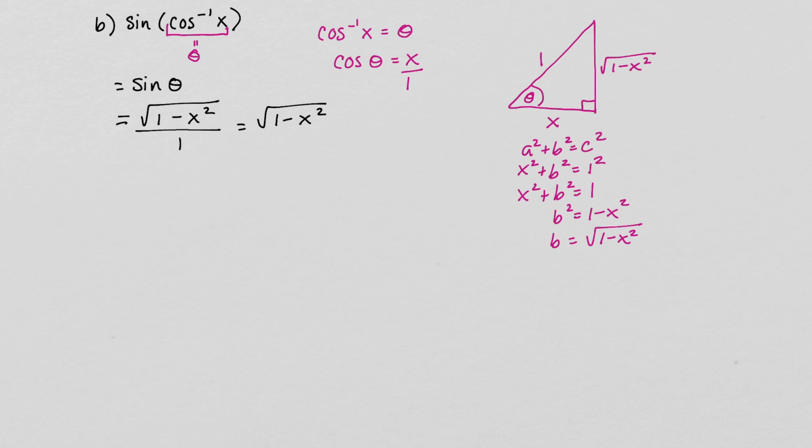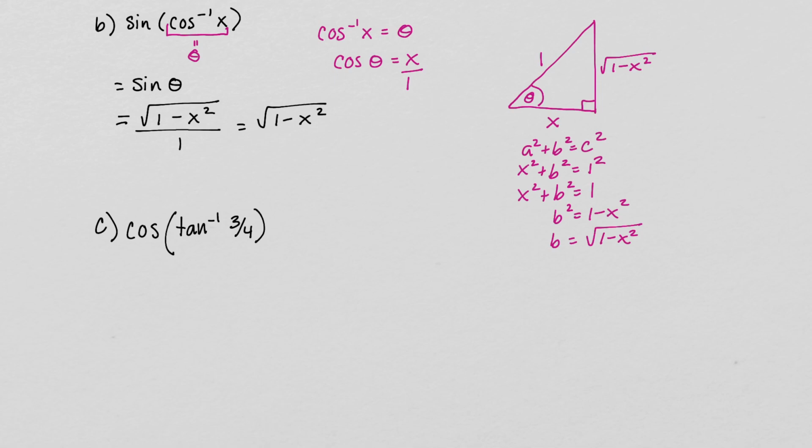So I have one other problem here. What about the cosine of the tangent inverse of 3/4? This one doesn't have an x in it, but the process is the exact same thing as what we were doing with the x's.